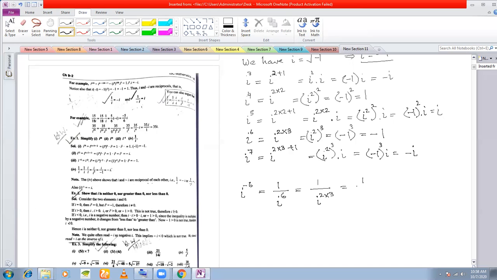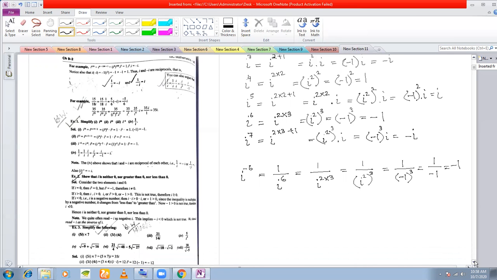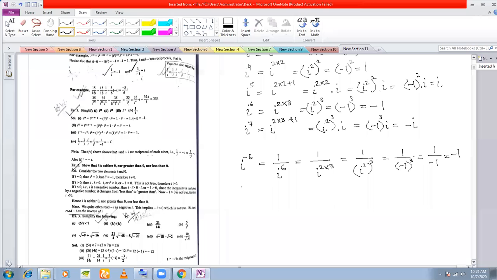So this becomes 1 by i square cube. i square is minus 1 cube. So this is 1 by minus 1, which is minus 1. That is i to the power of minus 6. Suppose now I want to calculate i to the power of minus 7. Then how will I do?